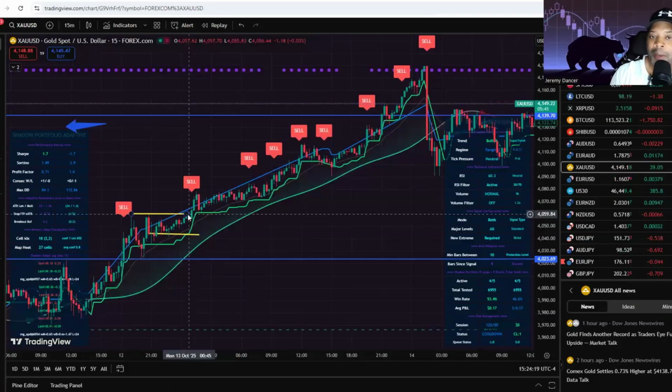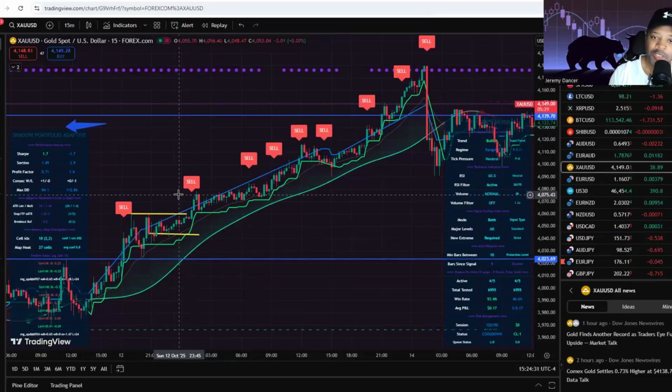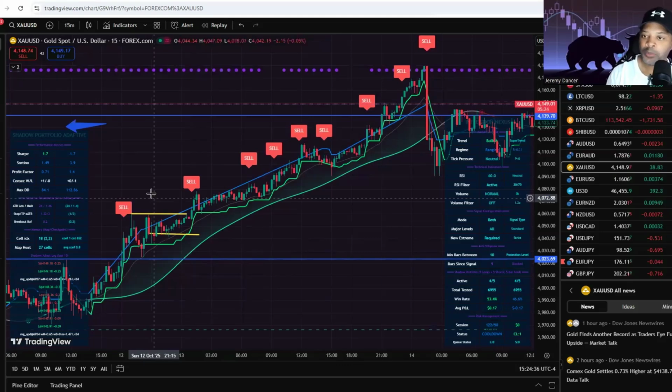So if I'm buying in a market that is clearly overbought, I know that I am trading a pullback, even if that pullback is 1,000 pips, especially if I'm trading gold because of all the manipulation that's going on. I at least know that I'm trading a pullback.